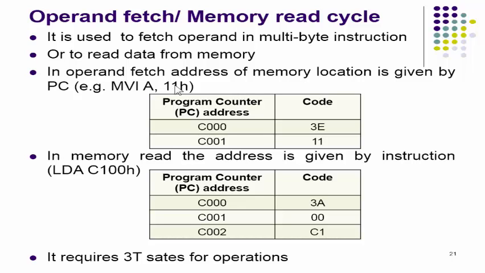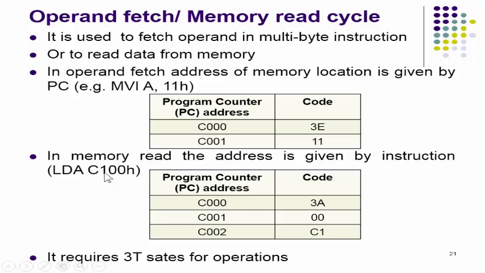Then about memory read: in this case the address is given by the instruction. In MVI A, 11x, the operand field has 8-bit immediate data. Data is available in the operand field, but sometimes the data you will find in memory. Here we are taking 11x immediately into the accumulator.